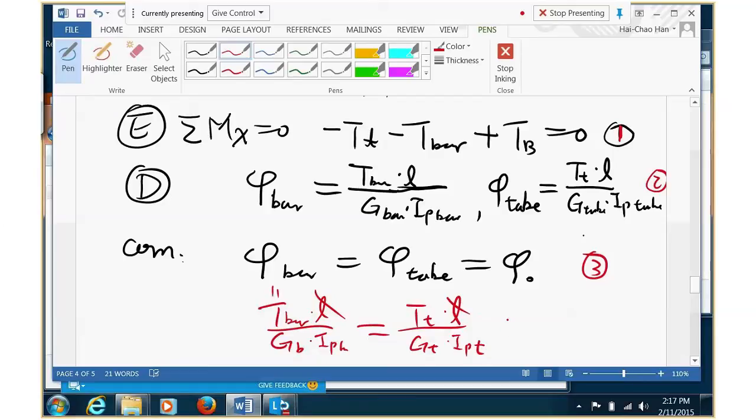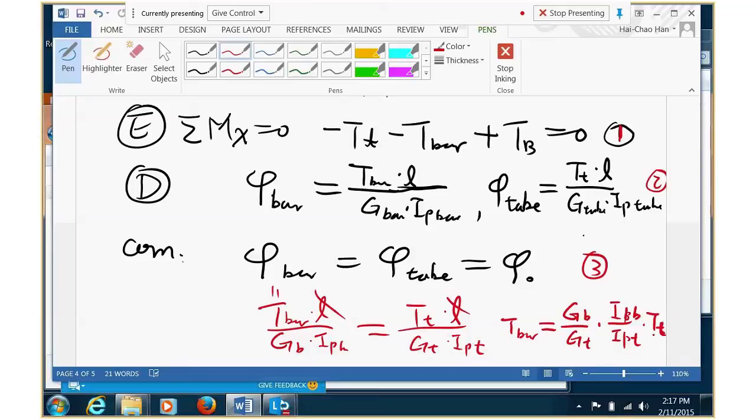For example, I can get T bar equals G bar over G tube, times IP of the tube over IP of the bar, times T tube. Now that gives you a relation between the two torques.